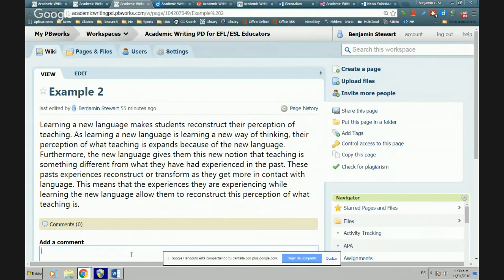Anybody else? All right, so look at the first sentences.